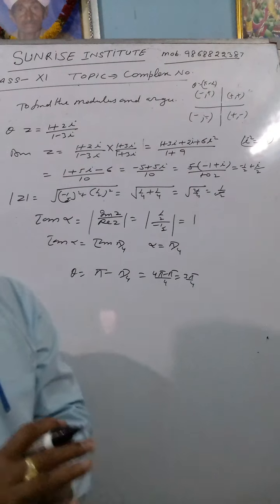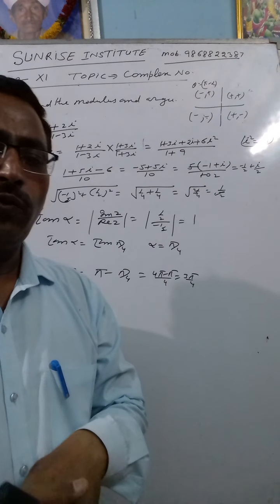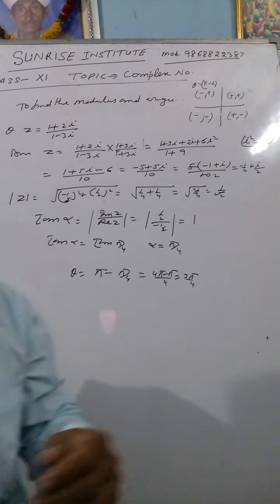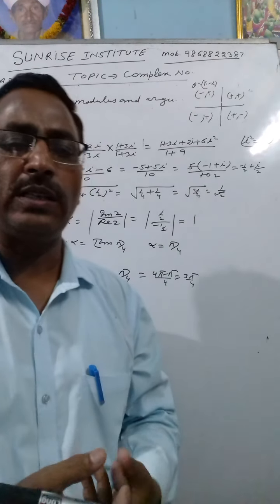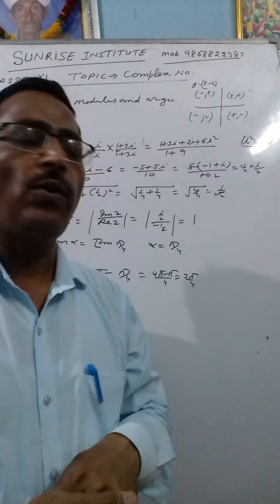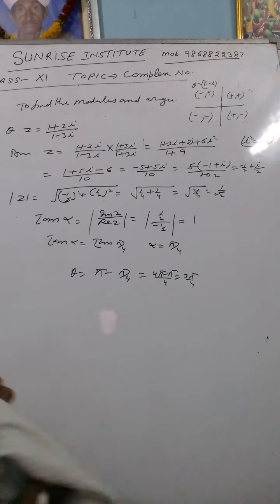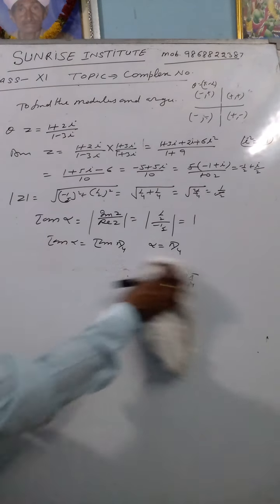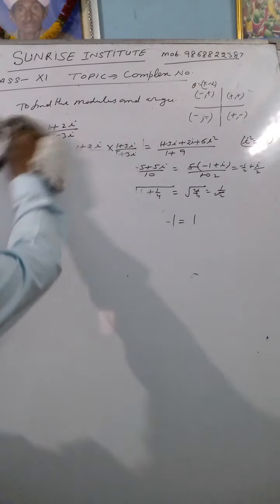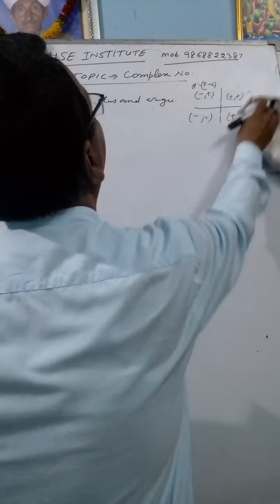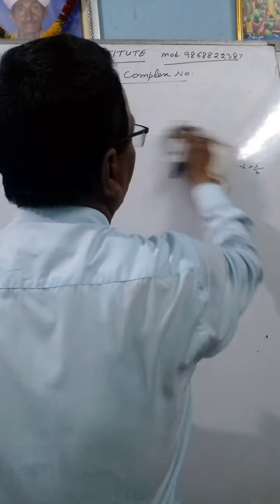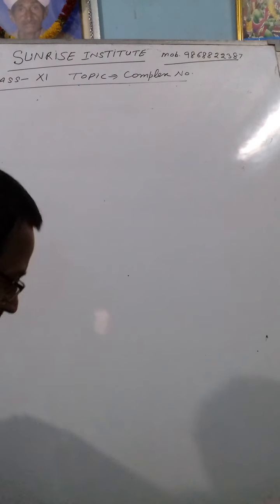Okay students, that is how to find the modulus and argument; these examples are based on modulus and argument. Next, to find the polar form, take some examples based on polar form.